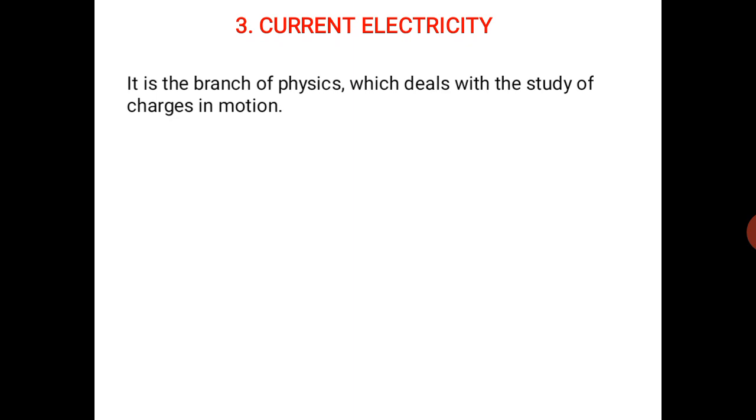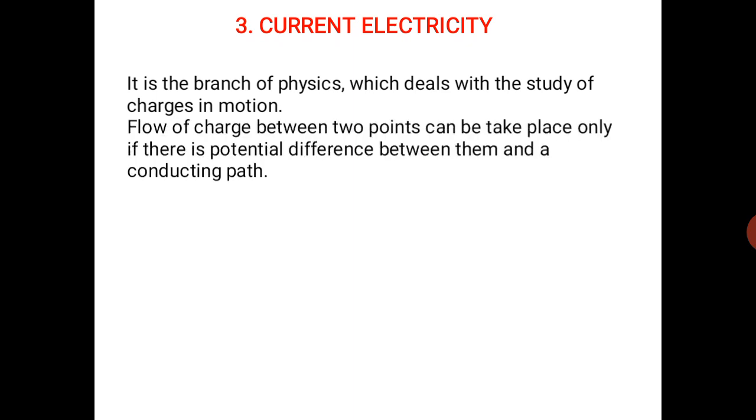Current electricity is the branch of physics which deals with the study of charges in motion, or flow of charge. Flow of charge between 2 points can take place only if there is a potential difference between them and a conducting path. Suppose you take one conducting wire or metallic wire.